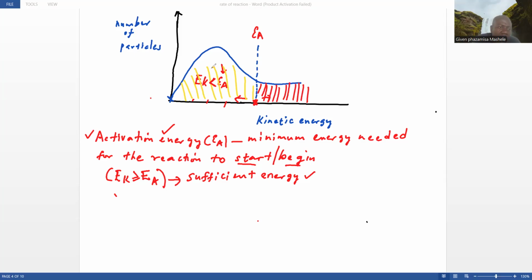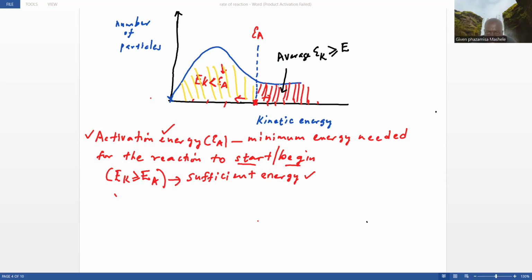It is an area where, if we calculate the average EKs, the kinetic energy is greater than or equal to the activation energy.